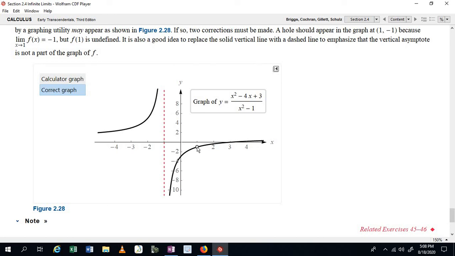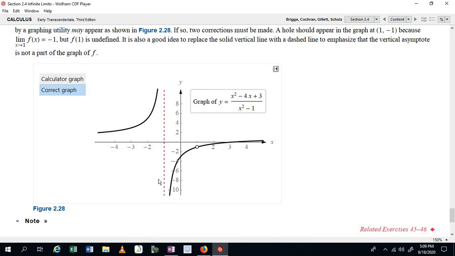Now notice there's a hole at x equals 1, and there's a vertical asymptote at x equals -1. But let's verify it using the definition of a vertical asymptote. So as we approach -1 from the negative side, which means we're approaching from this side, you can see that the y value is heading towards infinity. Okay, and so that verifies by definition that x equals -1 is a vertical asymptote.